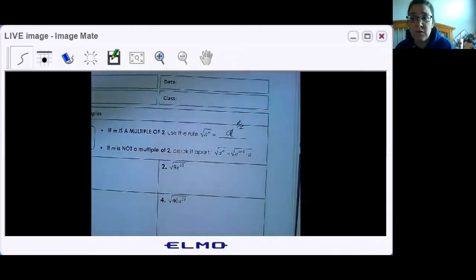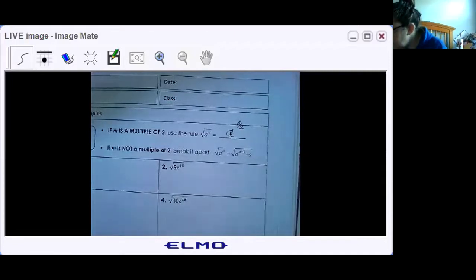So if it's the square root of a to the 8th, your answer is a to the 4th, because we're taking out matching pairs, and there are 4 pairs of a's that you can take out. If it's not an even number, then you're going to have 1 under the radical, and you subtract 1 from the exponent and divide that number by 2.